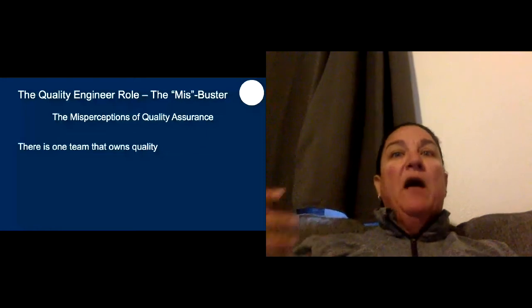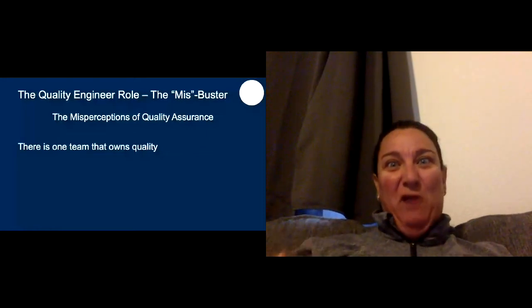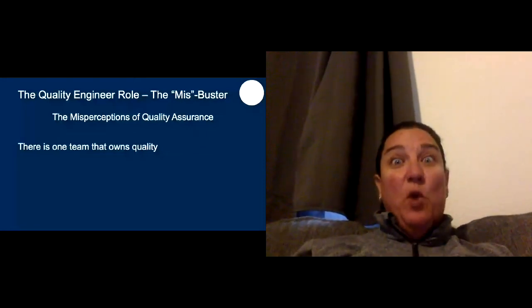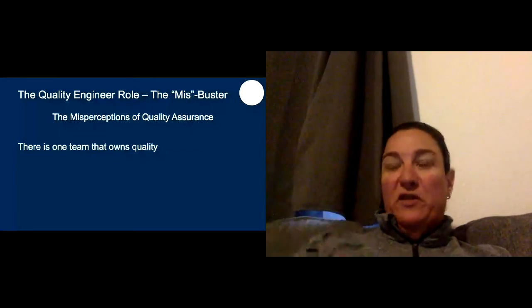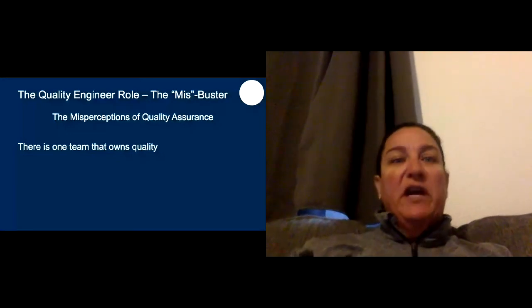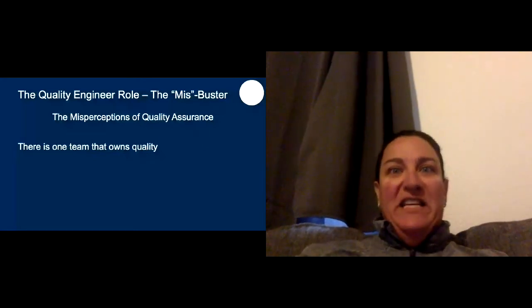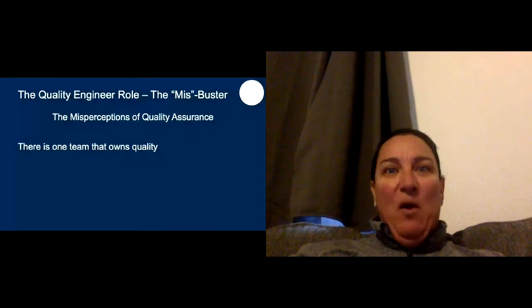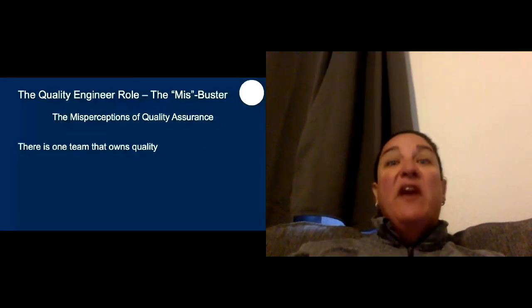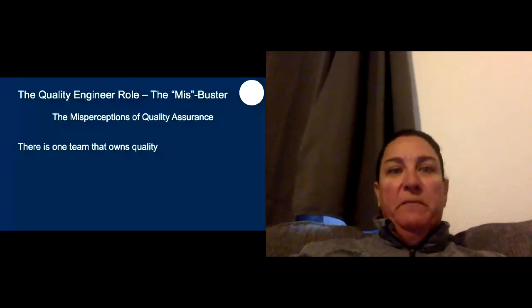I mean, why not? Generally speaking, our title or our role actually includes the word quality in there, whether it's quality assurance or quality engineering. And sometimes the misperception is that because that team or that title has that word quality in there, they're the only team that owns quality.